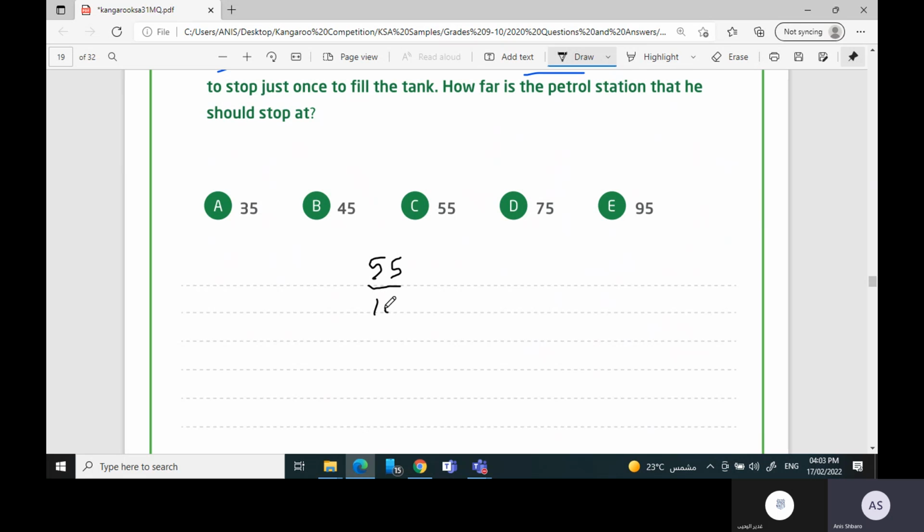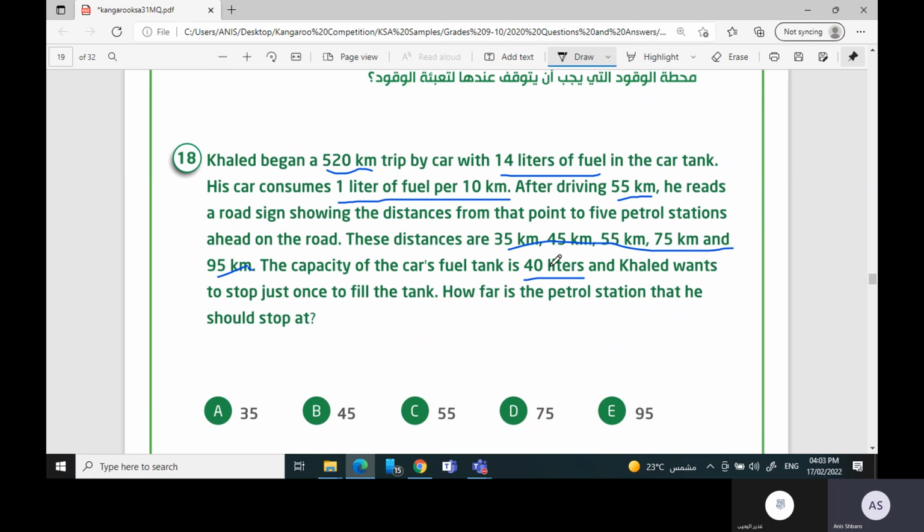So I'm going to divide this quantity by 10 and I'm going to obtain 5.5. Of course, if we are dividing by 10, we just have to move the decimal. So 5.5 liters.